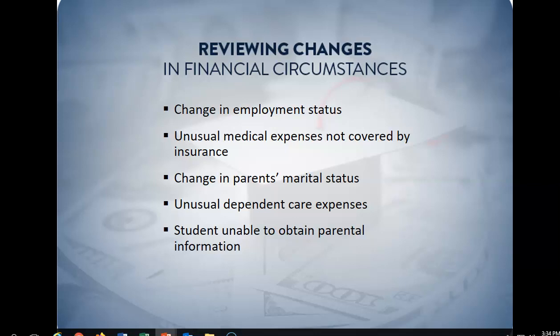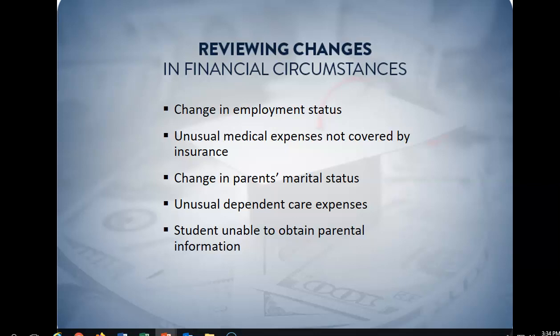Now, even before the pandemic, but especially during the era of the pandemic, we know that there are going to be circumstances that are changing or have changed in families' income, their financial stability, etc. The federal government does not allow you to put those things on the FAFSA, but a financial aid administrator has the ability to go in and review documentable information and make changes to the FAFSA depending upon changes in your circumstance.